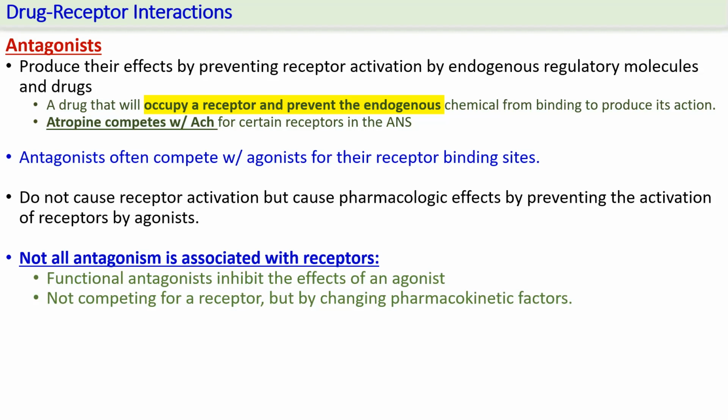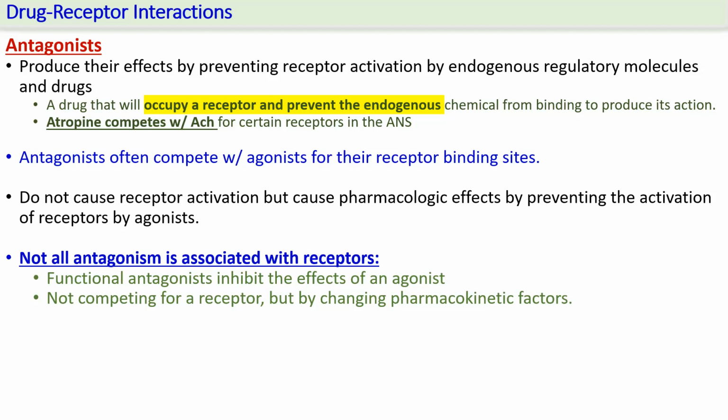An example of this would be atropine. It will compete with the acetylcholine for certain receptors in the autonomic nervous system. Large atropine doses may block the effect of acetylcholine because acetylcholine cannot reach its receptor sites.